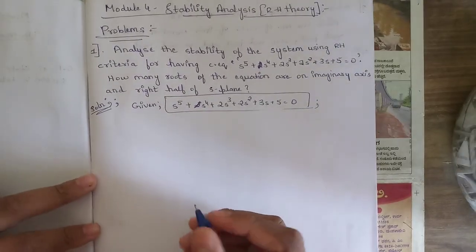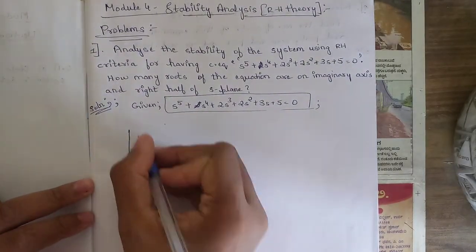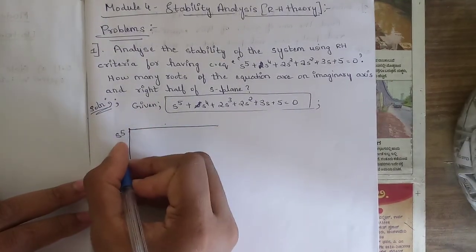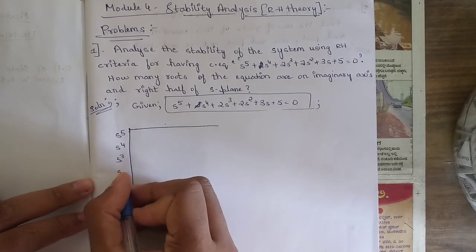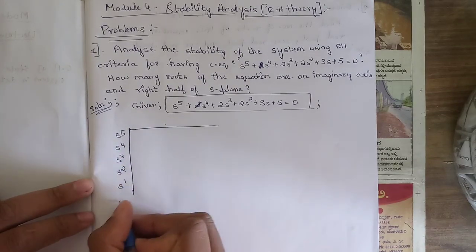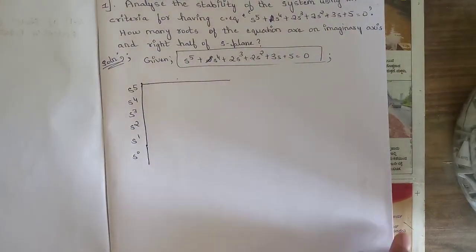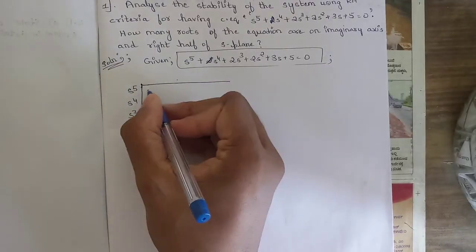Now let's write the Routh array for this. Start from s to the power 5, s cube, s square. Write it like this. And after that, what to do? First write the coefficient of s to the power 5, that is 1.